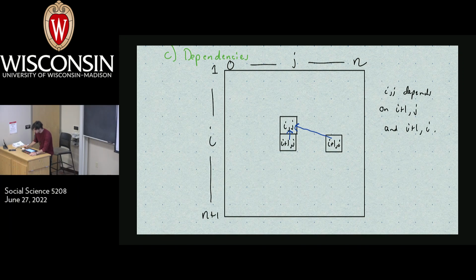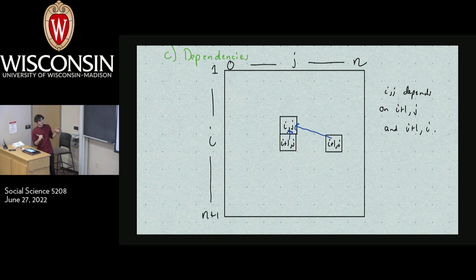What these arrows mean is that our subproblem ij needs these two to be computed first before we can compute ij. Or in other words, ij calls recursively these two subproblems. Okay? So these are our dependencies.